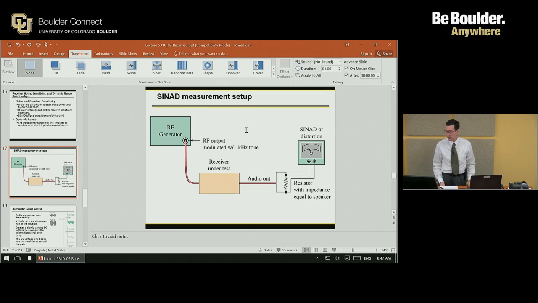So the SINAD measurement, this is how they do it. You've got your receiver under test. That's the beige, orange sort of colored box there, the flesh-colored box. And they take that and run the audio output to the meter, and they just measure how much power they get out without turning on the RF generator.